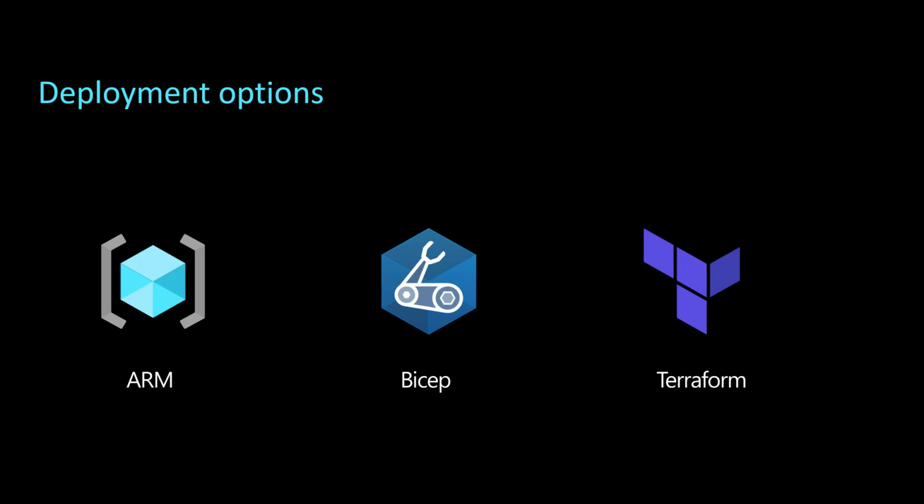This approach allows you to define and manage your cloud infrastructure using code. ARM stands for Azure Resource Manager, which is the native tool for Azure. It uses JSON templates to define and deploy Azure resources. Bicep is a new language developed by Microsoft that builds on top of ARM templates. It simplifies ARM templates by using a clear syntax, offering better modularity and code reuse.